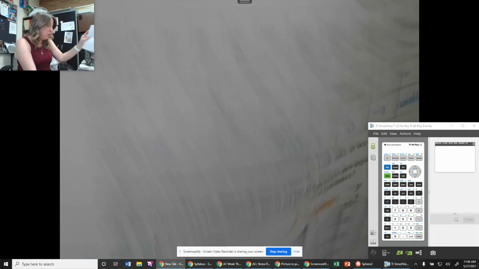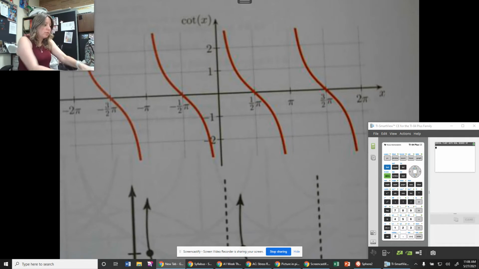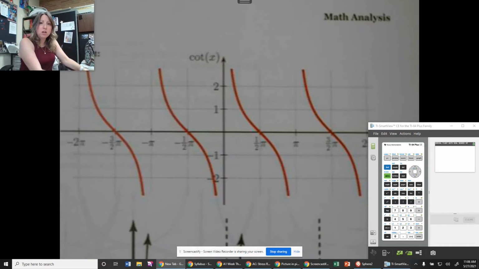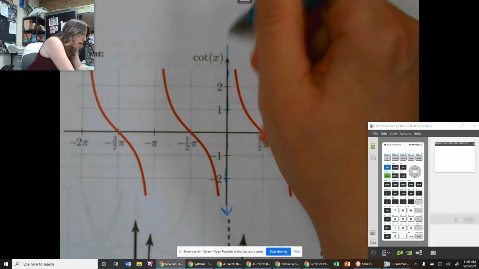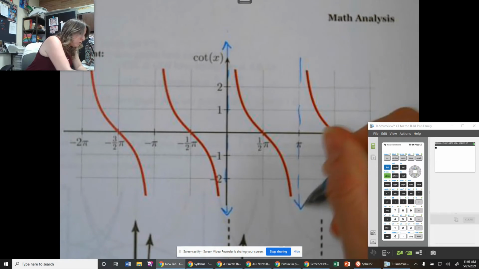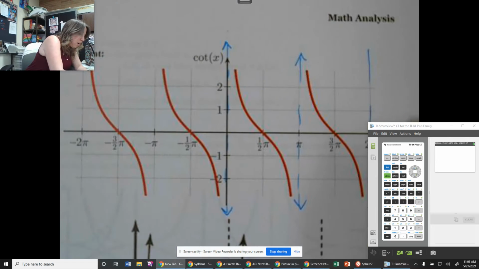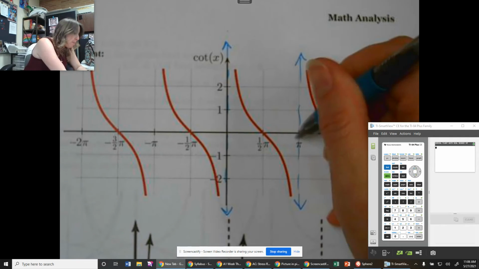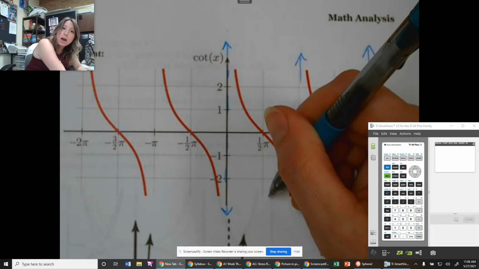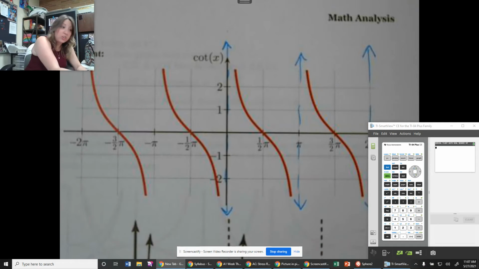So here is cotangent. And notice that tangent normally has asymptotes at 90 and 270, but here are the asymptotes for cotangent. We're going up this way and then back this way toward the other asymptote. Look, this is the opposite.